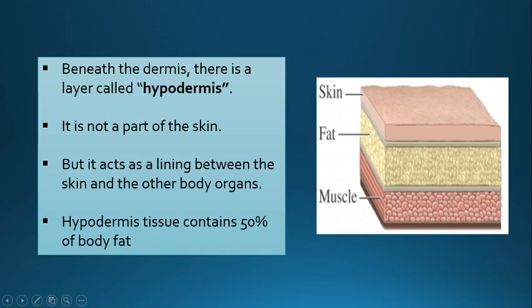It acts as the lining between the skin and the other inner body organs. This diagram will explain the position of the hypodermis. This is the skin, and this is the fat layer called the hypodermis, and there are muscles.